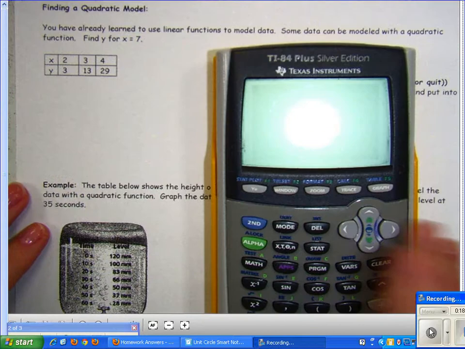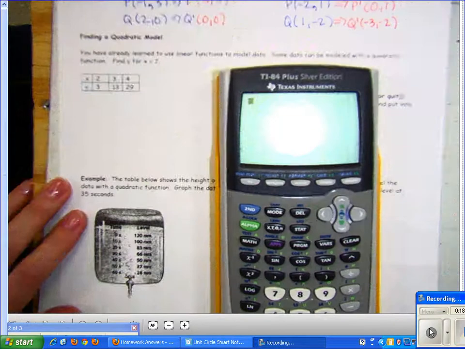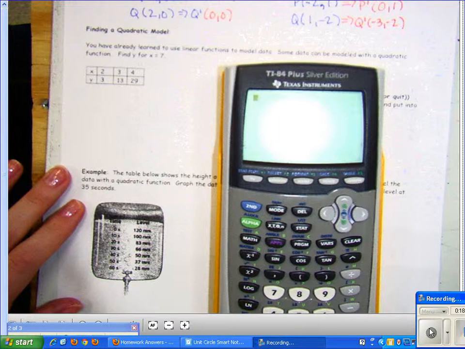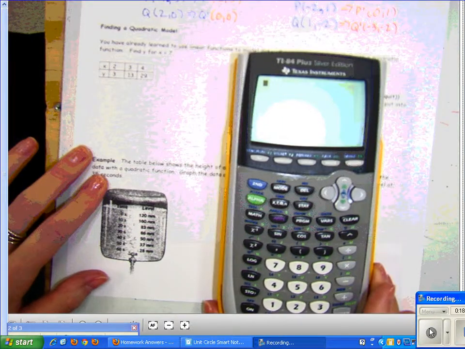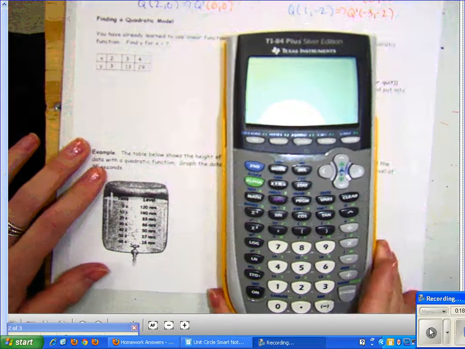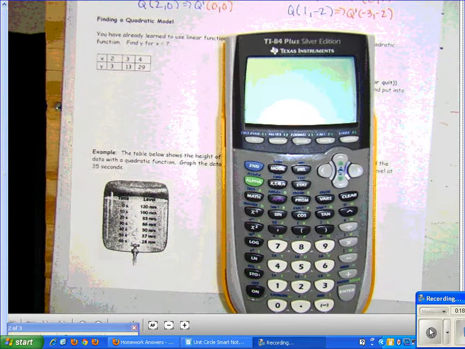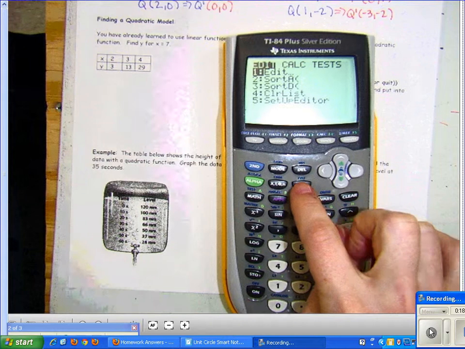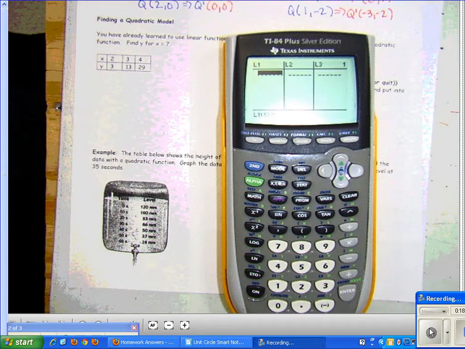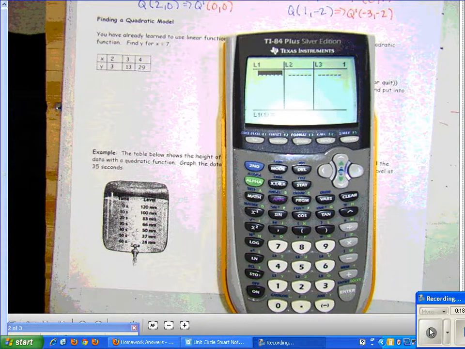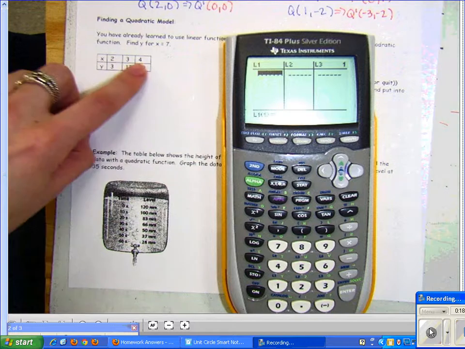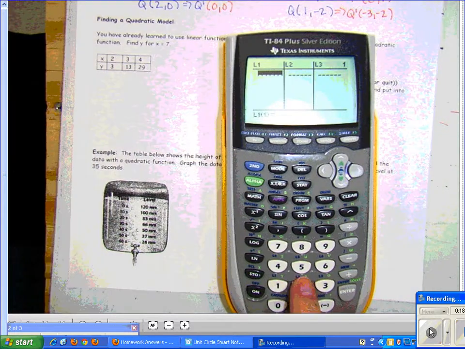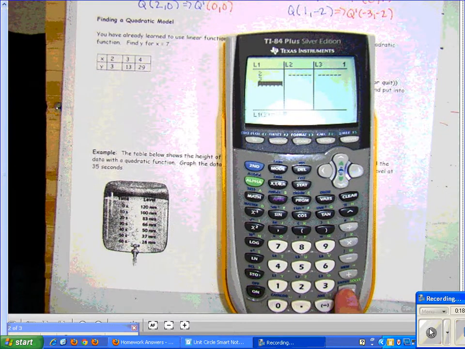So I'm going to zoom out a little bit so you guys can see more of the calculator. The first thing I want to do is put this in my stat plot. So I go to my stat button, which is right here, and hit stat, and then hit enter on edit. List 1, remember, are your x values, so 2, 3, and 4. So 2, enter, 3, enter, 4, enter.